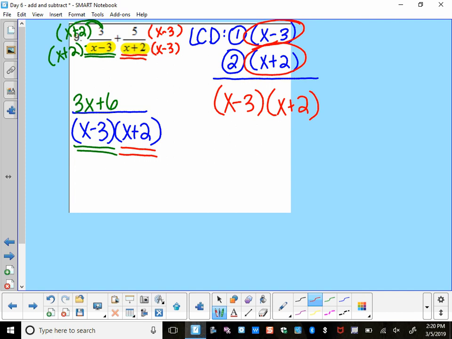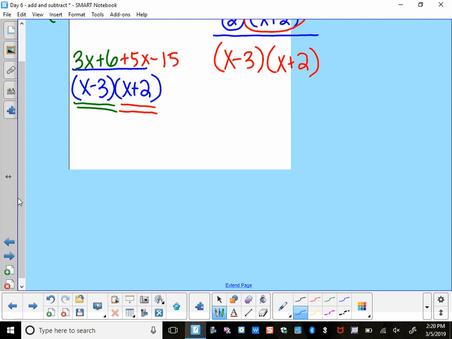Do you see how now each fraction will match my new denominator? Does that make sense? Yes or no? Okay. Now let's distribute. 5 times x and 5 times negative 3, negative 15.